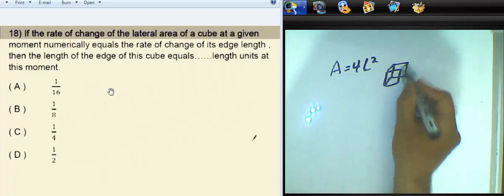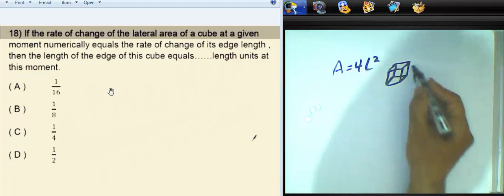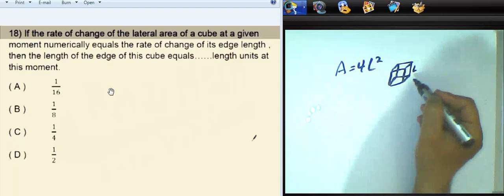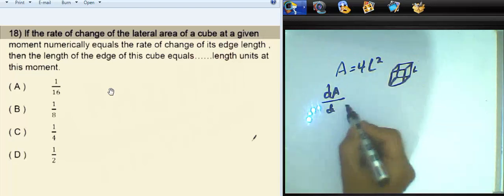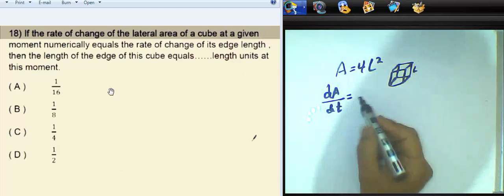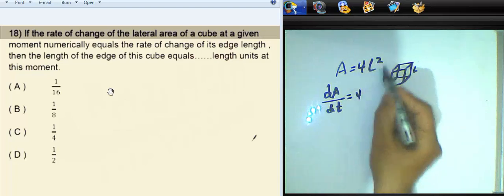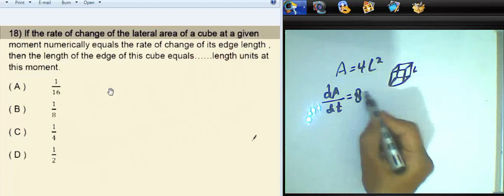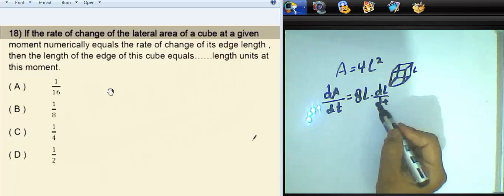And if he gave us the total area, we must write 6L power 2, with L referring to the side length here. We can find the derivative of the area, dA over dt, equal 4, and the derivative of this function, 2 drops here, 2 times 4 equals 8L multiplication dL by dt.